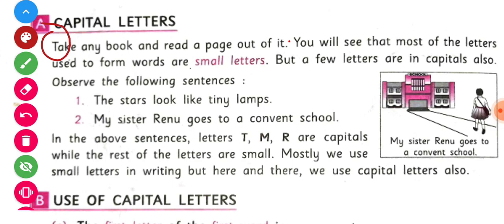And here after the full stop, this is You. In You, you can see that Y is capital and O, U are small. So children, this is the next thing to understand, that when and how we use capitals and when and how we use smalls. So children, now let's know about the use of capital letters.